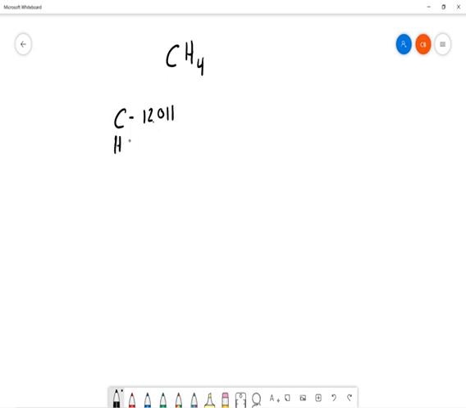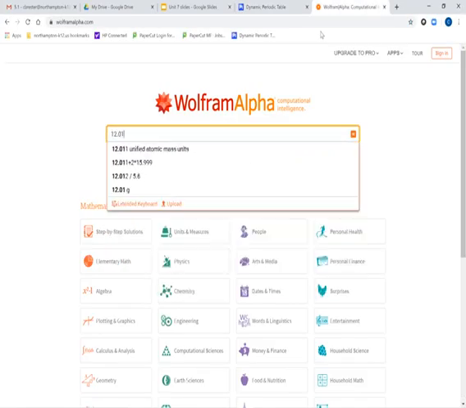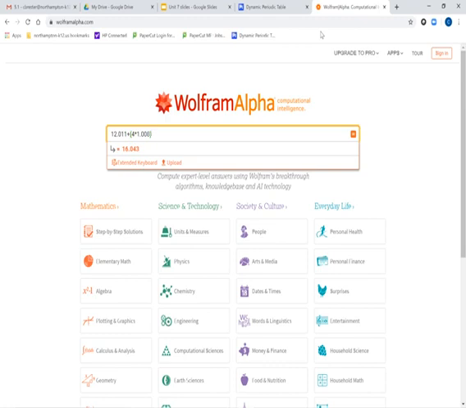Hydrogen is 1.008, and we have 4 of those hydrogens: 1.008, 1.008, 1.008. Add those all up, and you get 16.043.